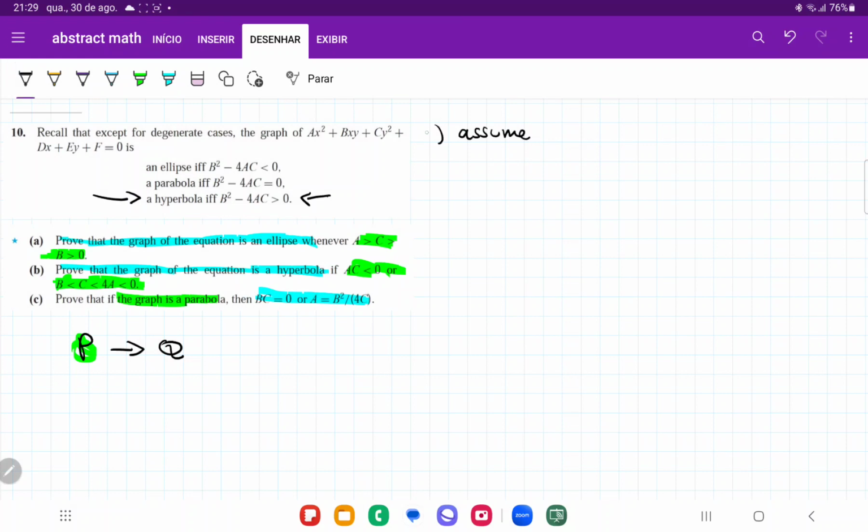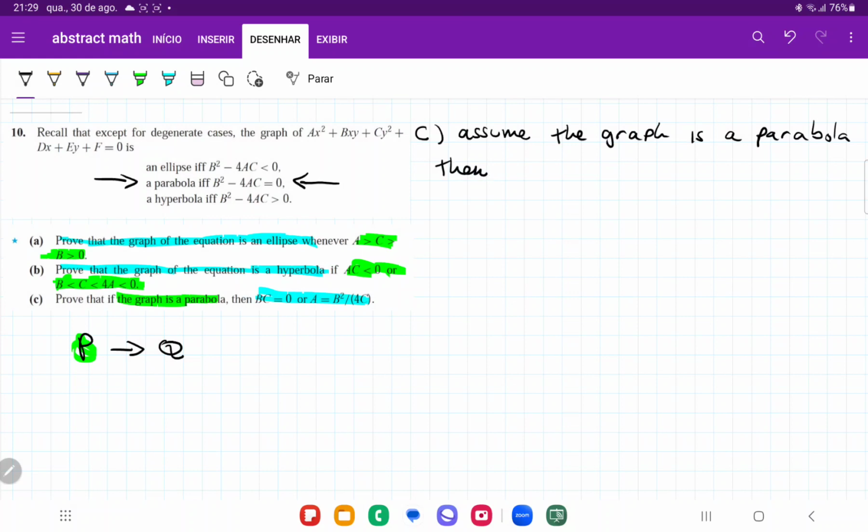So for C, assume the graph is a parabola. We're going to be here in the second line, right?